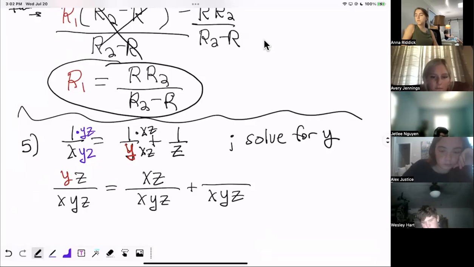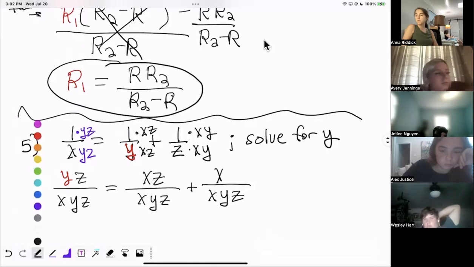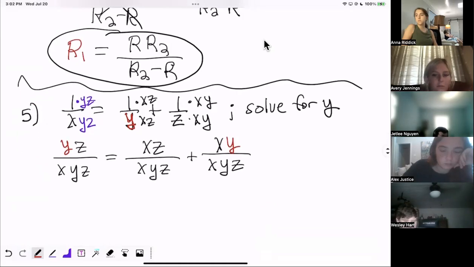The last fraction, I have Z, I need to multiply by X and Y. And then that means I have XY, and I'm going to make sure it's red so it stands out. That is my new problem fixed with the same denominator.